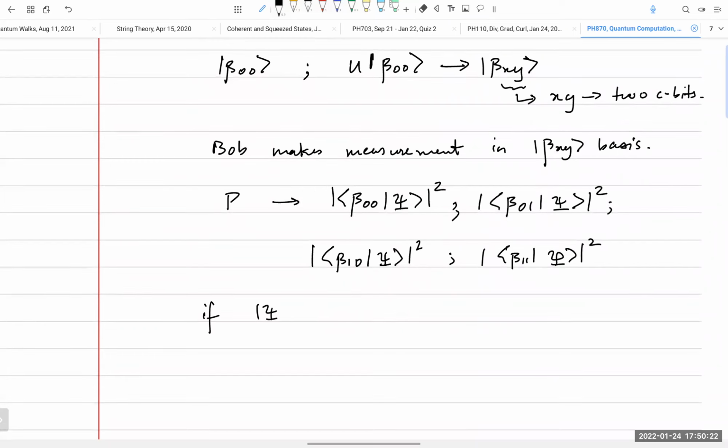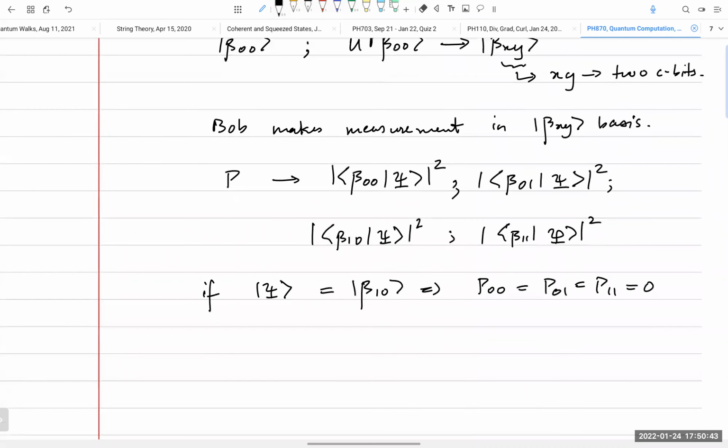Now, what does Alice do? Alice is sending him exactly one of these basis states, right? So if psi is, let's say, beta 1,0, what will happen? P0,0, P0,1, and P1,1 will all be 0. And P1,0 will be equal to 1, right?